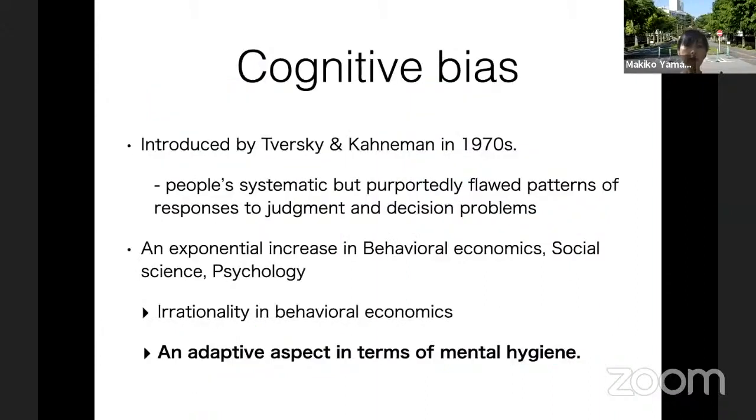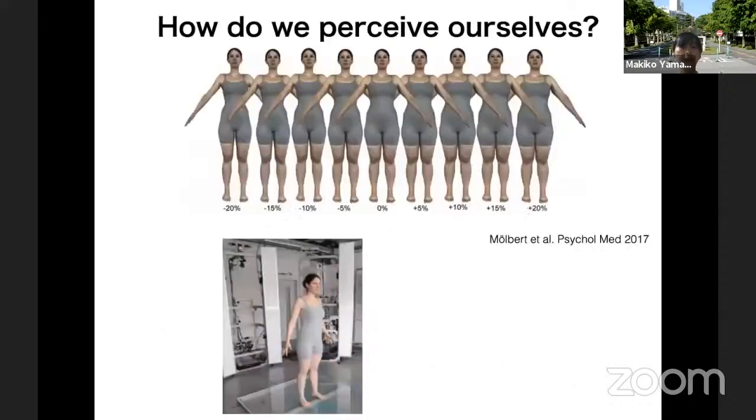And then I'm going to focus more on mental health and cognitive biases. Here, I'm showing a study conducted in Mobert. Each subject was body scanned, and the experimenter created an avatar for each subject, as shown in this top figure.